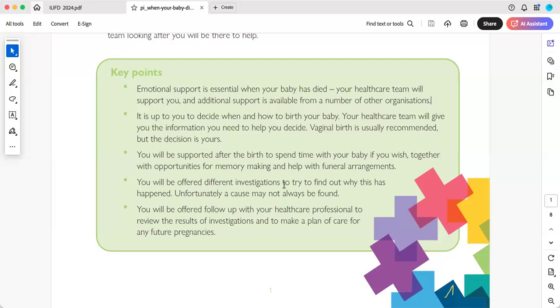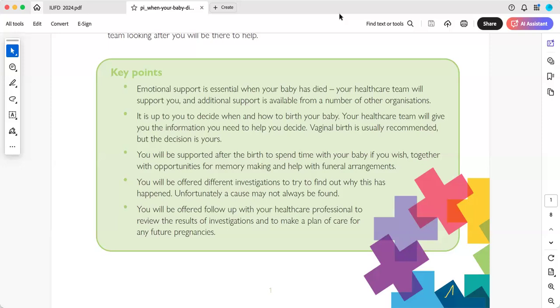You will be offered different investigations to try to find out why this has happened. Unfortunately, the cause may not always be found. You will be offered a follow-up with your healthcare professional to review the results of the investigations and make a plan for care in any future pregnancies.